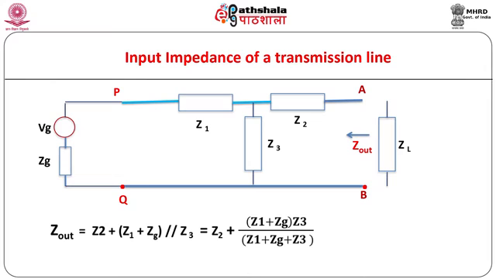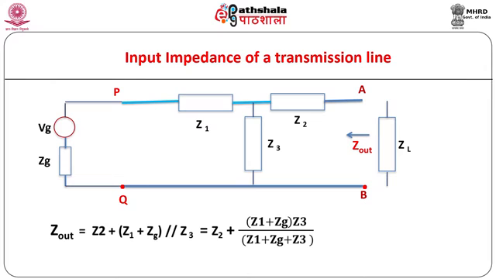The impedance across the output terminals A and B with generator having impedance Zg present but load impedance ZL removed is called as the output impedance of the circuit and is given by the expression as shown.